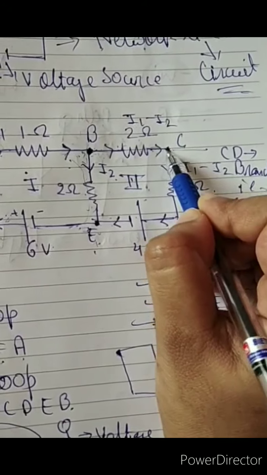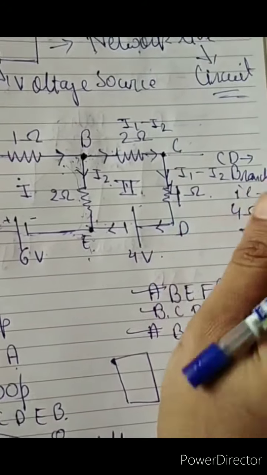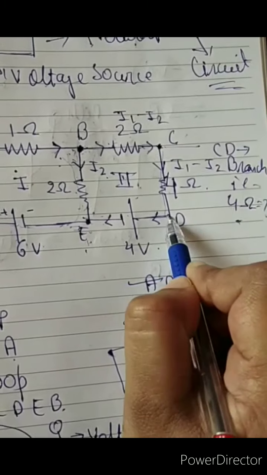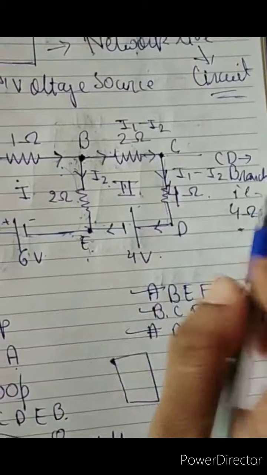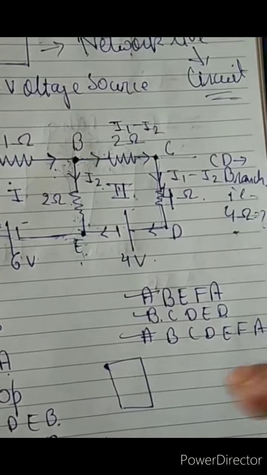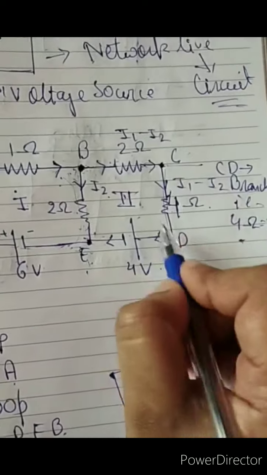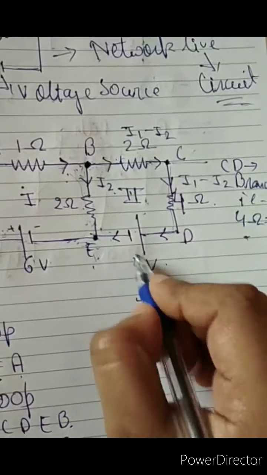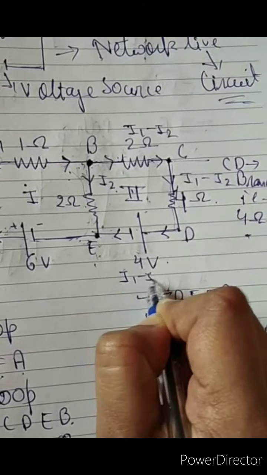This is not a junction point because no other wires are connected, only a single wire. Again at point D, current will not divide because it is not a junction point. No other wires or resistance are there. Now in the DE branch, again we have current I1 minus I2.